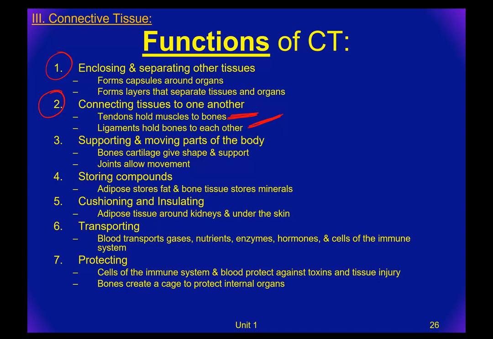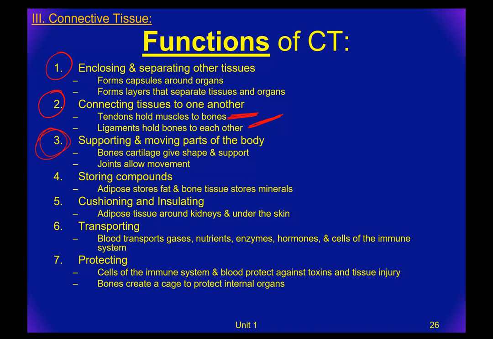That's why you don't dislocate your shoulder if you raise your hand. Muscle is not a connective tissue, so I can't use it specifically to connect to something else. I have to have a go-between. Tendons give me that go-between, and it is a connective tissue. So on one end, it's connecting to the muscle. On the other end, it's connecting to the bone.